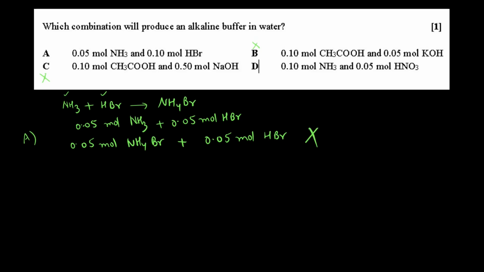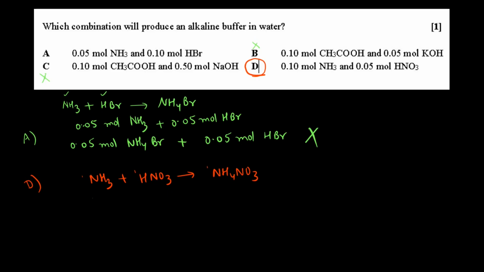So the only option left is option D. So the correct answer is option D. Let us check option D. In option D we have ammonia 0.1 mole and nitric acid 0.05 moles. The reaction of ammonia with nitric acid will give us ammonium nitrate. So 1 mole of ammonia reacts with 1 mole of nitric acid to give 1 mole of ammonium nitrate.